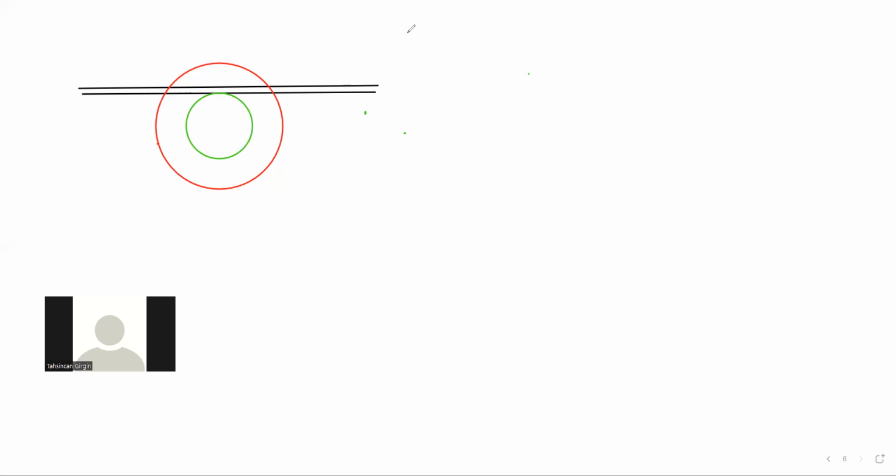Are you getting my point? This is your, let's say, rack and a pinion, and the velocity of this rack is unknown, and this is my point B, the point of contact. This is my point D.